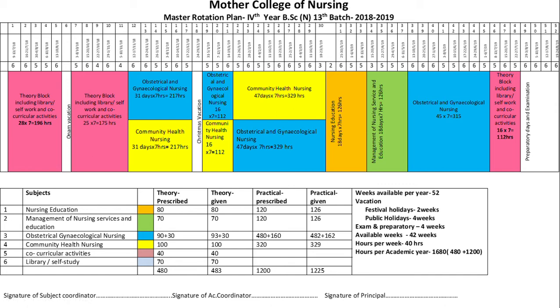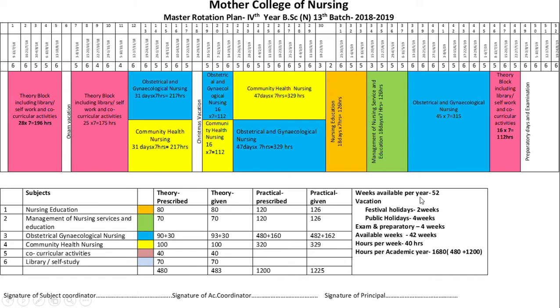The university has told to give 80 hours. I have given 80 hours. Same way for management of nursing service and the OBG posting. Here I have given only 3 hours extra, 83 for 80. Here it is only 5 hours, 25 hours extra. So this is how you can give extra, but it should not go below this minimum standard.